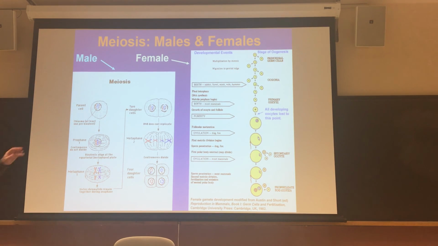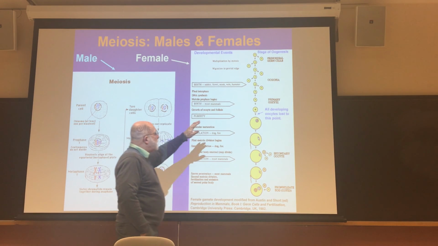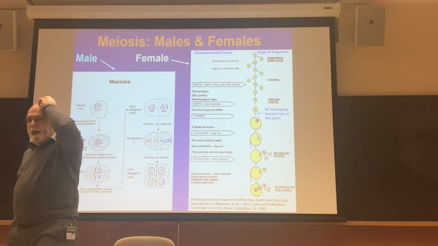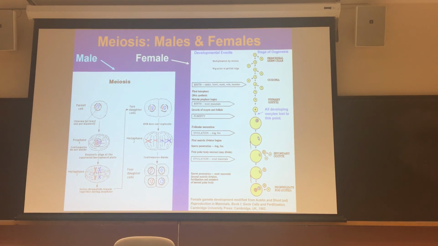So is there any real mystery in why in later years you get an increase in the number of mutations that show up in offspring of maternal origin?